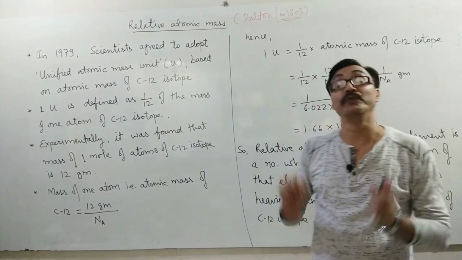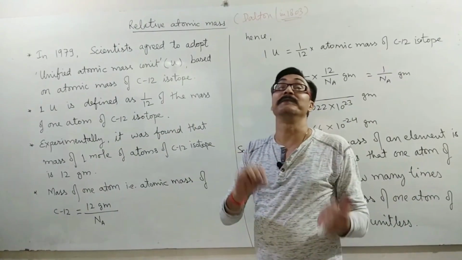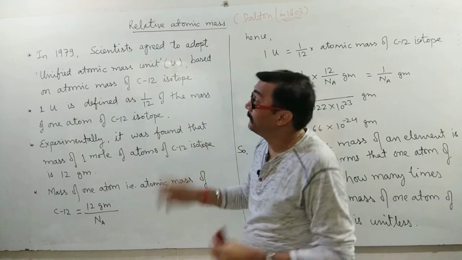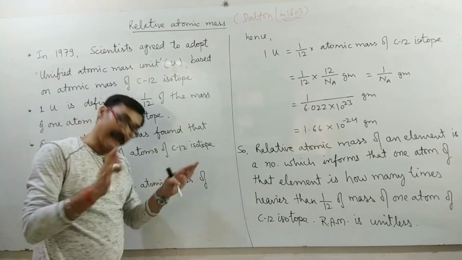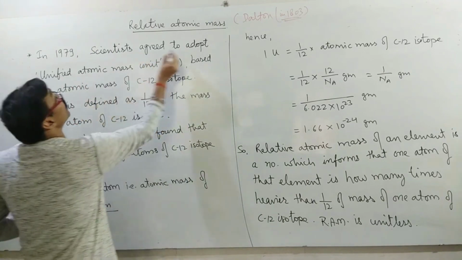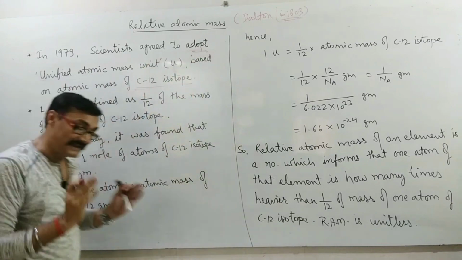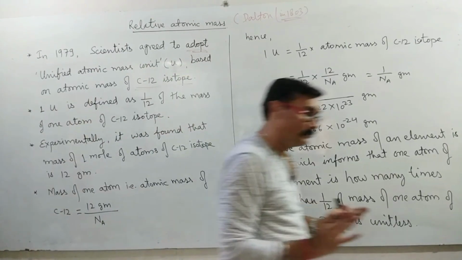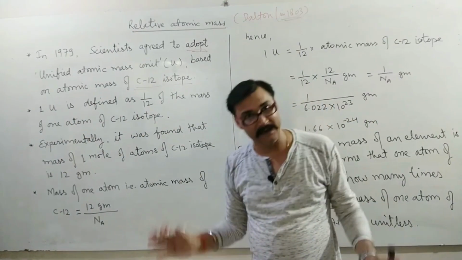But due to a few controversies between chemists and physicists, finally in 1979 all scientists, that is chemists as well as physicists, agreed to adopt the carbon-12 isotope as a reference atom to compare the atomic masses of other elements.